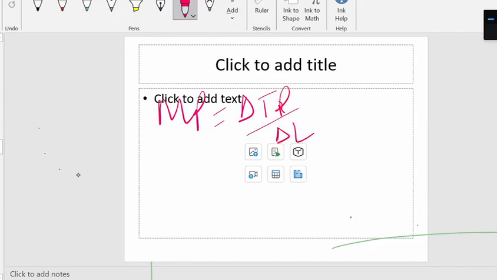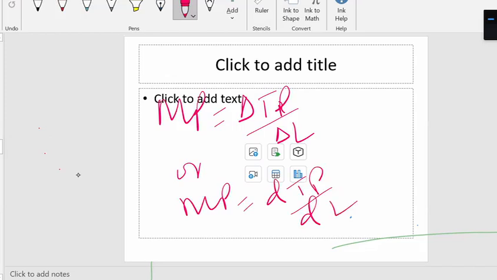Everyone is aware about that. Sawa? Or sometimes unaweza kusema marginal product is equal to derivative of total what? Total product, unadifferentiate ile total product with respect to what? To labor.